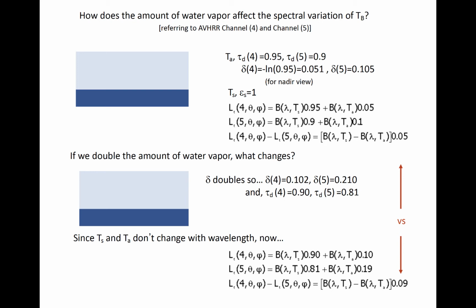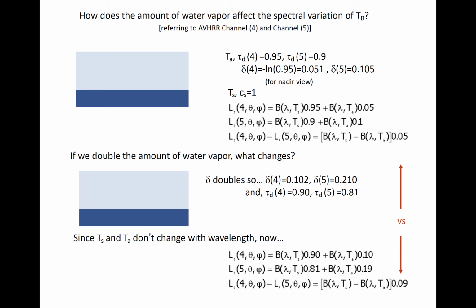Suppose that the same atmosphere has a transmissivity of 95% to 11 micron radiation, but only 90% to 12 micron radiation, which are approximately the center wavelengths of AVHRR channels 4 and 5. We can solve for the optical depths of the atmosphere at each wavelength using the relationship between transmissivity and optical depth, tau equals e to the minus delta over mu.